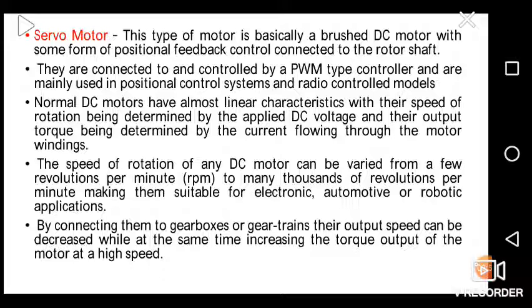The speed of rotation of any DC motor can be varied from a few revolutions per minute to many thousands of revolutions per minute, making them suitable for electronic, automotive or robotic applications. By connecting them to gearboxes or gear trains, their output speed can be decreased while at the same time increasing the torque output of the motor at high speed.